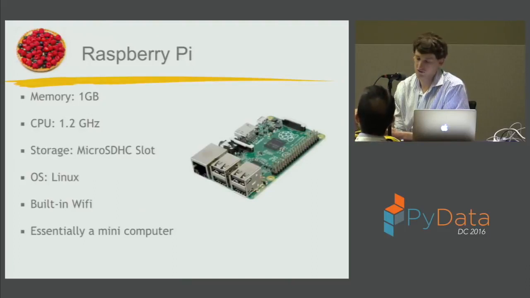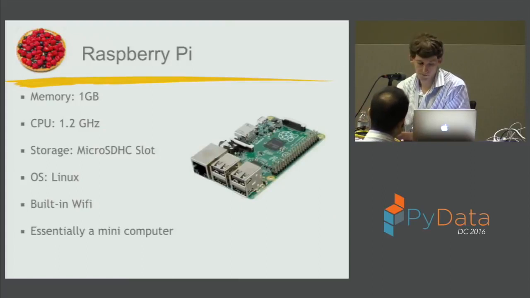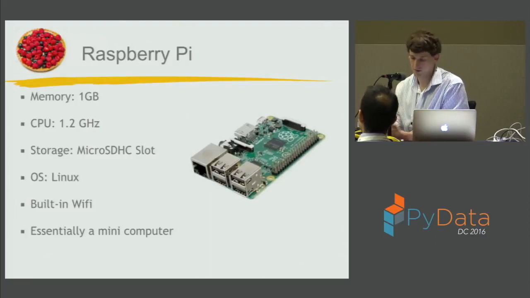It has a micro SD storage slot, so I put a 64 gigabyte drive in mine. It runs Raspberry Pi Linux, which is, I'm not sure which distro it's closest to, but yeah, it's Linux. The Raspberry Pi 3, the third generation, has built-in Wi-Fi, and it's essentially a mini computer.